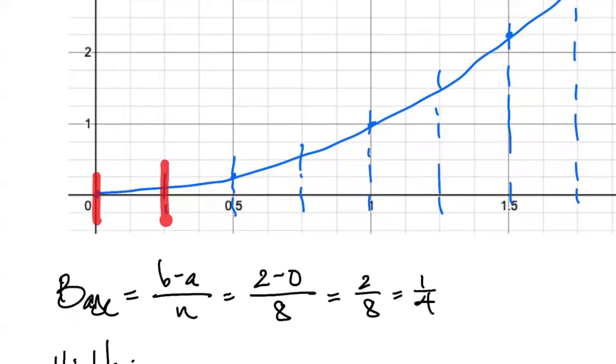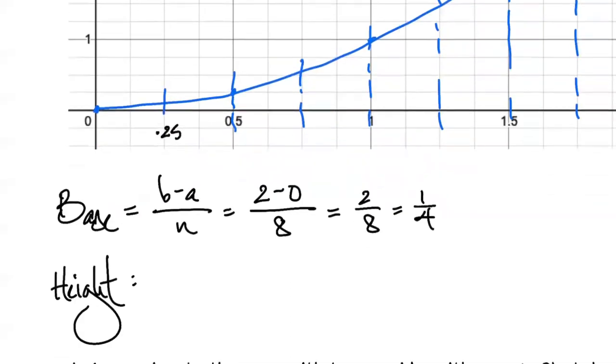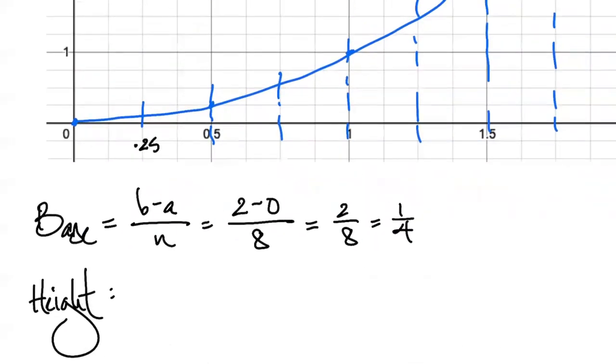Our first rectangle goes between 0 and, I didn't label this, but I have 0.5 over here, so this would be 0.25. We don't want the left one, we don't want the right one, we want the one in the middle. So the height of the first rectangle is f of 1/8.